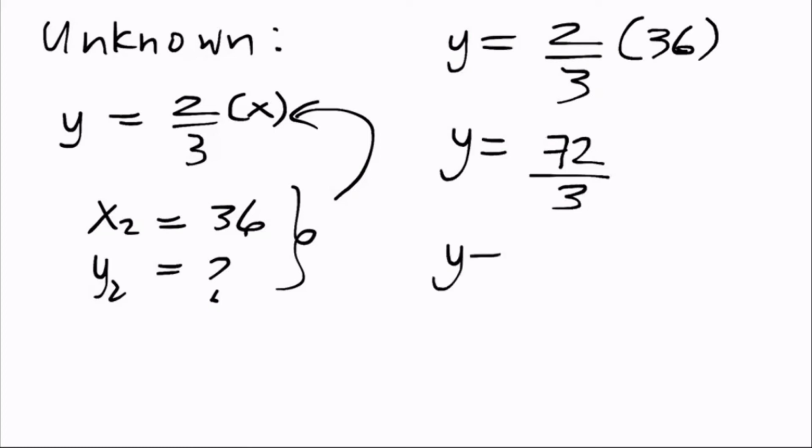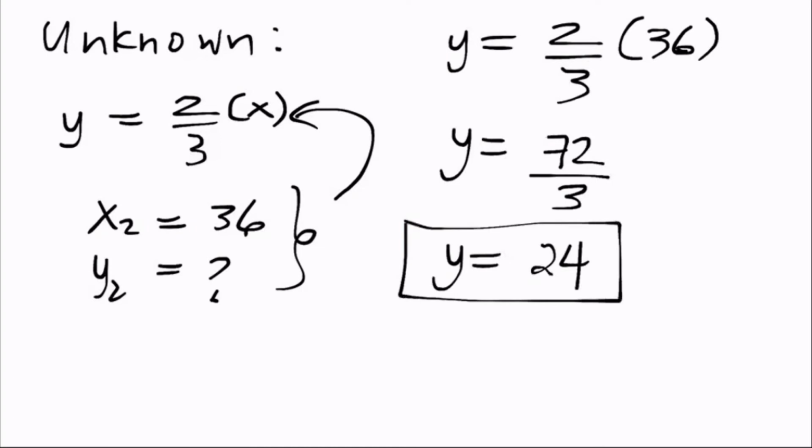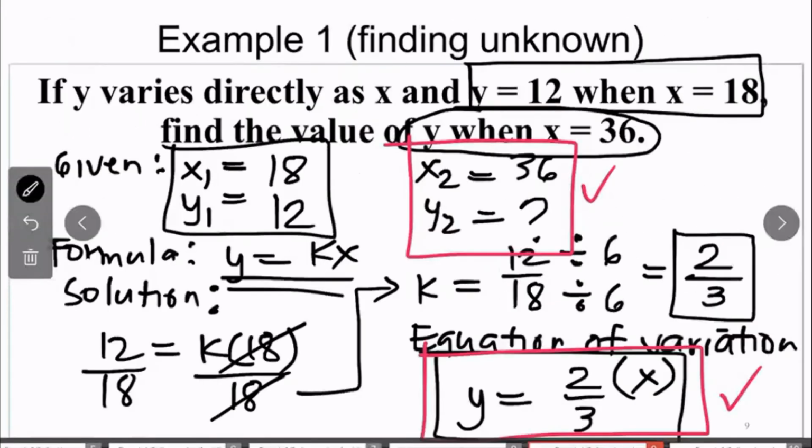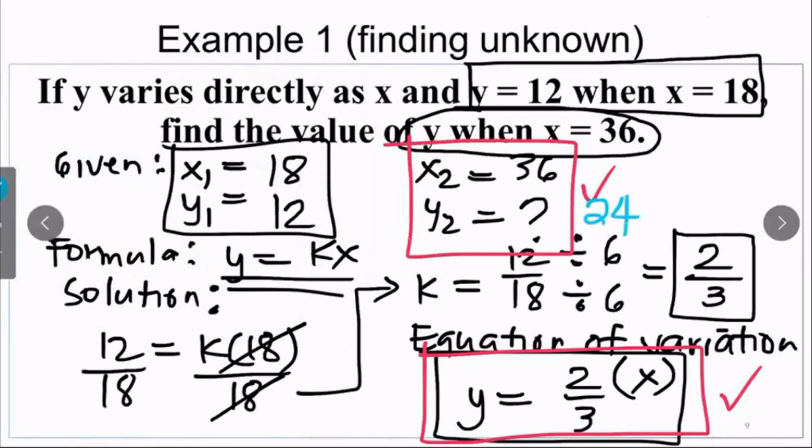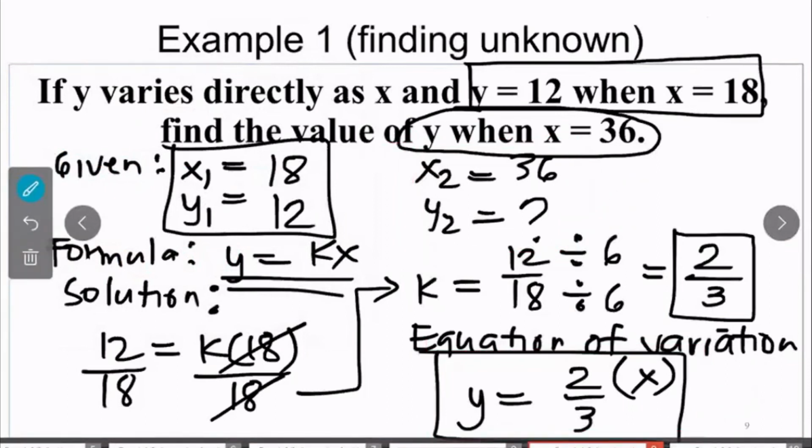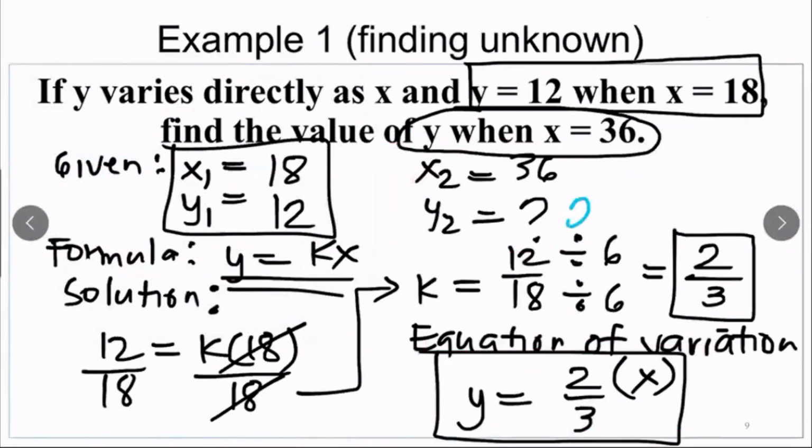Next, y is equivalent to 72 divided by 3, and our final answer is 24. Therefore, y is equivalent to 24, or our y sub 2 is equivalent to 24. So let us just write it down here. Our y sub 2 is 24. Y sub 2 is 24. So please check.